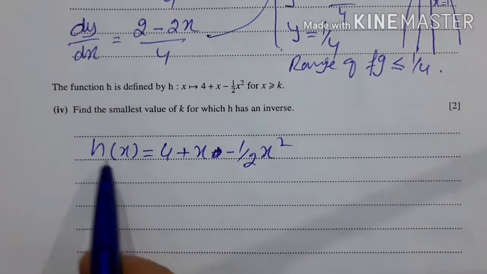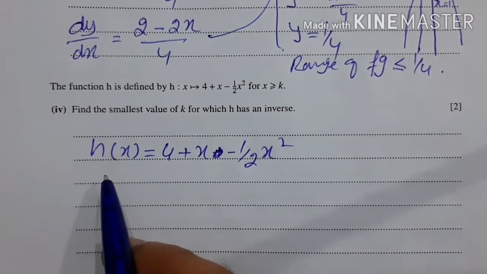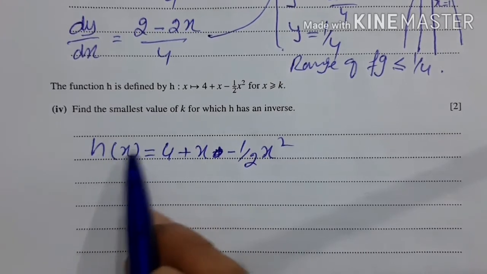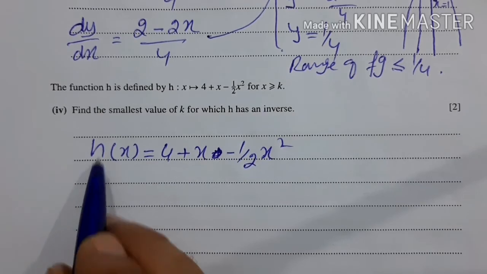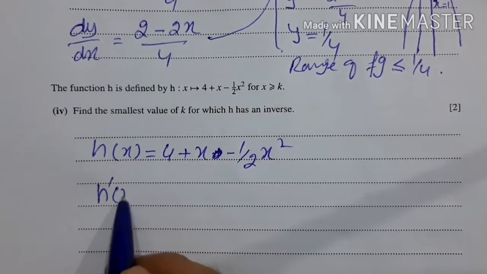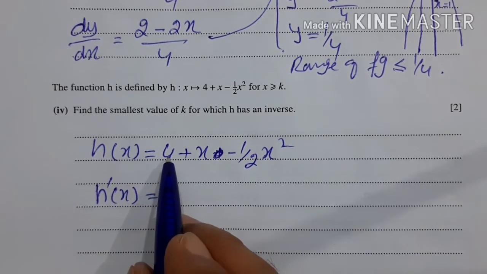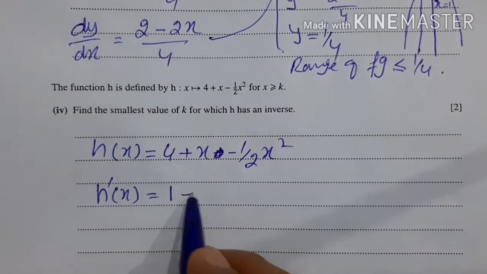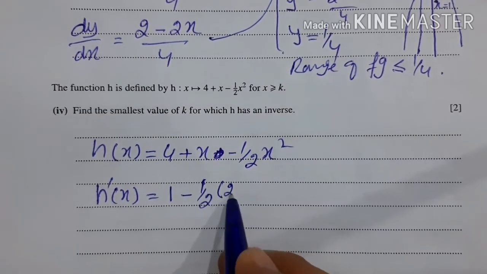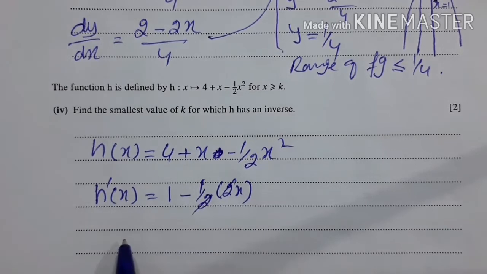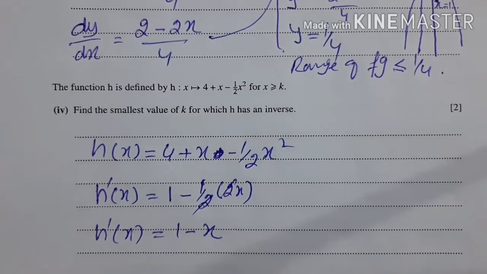So for the line of symmetry, again we need to find the stationary point, and for the stationary point we need to find the derivative of this function, and then we'll put it equal to 0. So the derivative of h(x) will be h dash x. This will be the derivative of 4 is 0, x is 1, minus 1 over 2 into 2x. So this will be cancelled with this. h dash x is equal to 1 minus x.